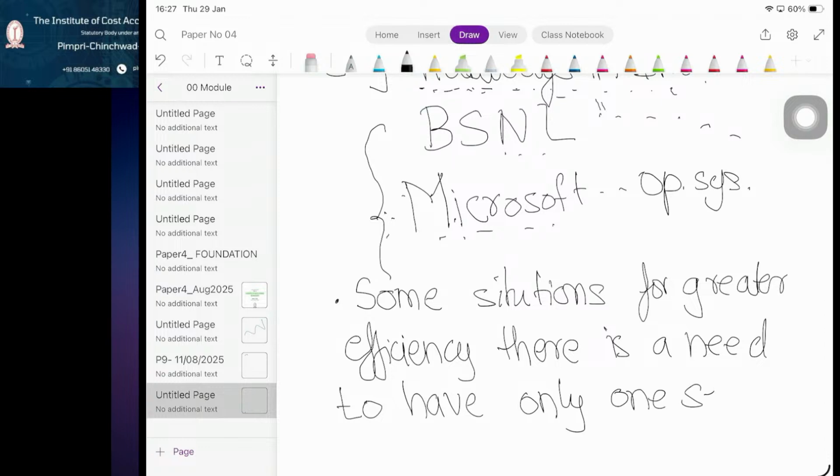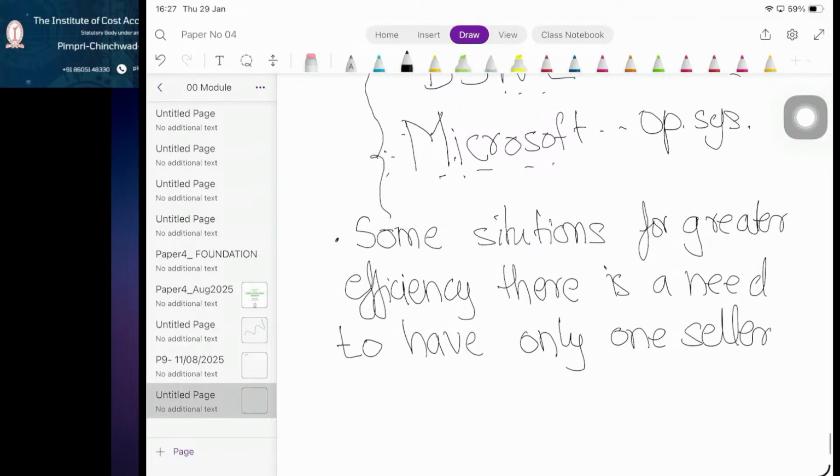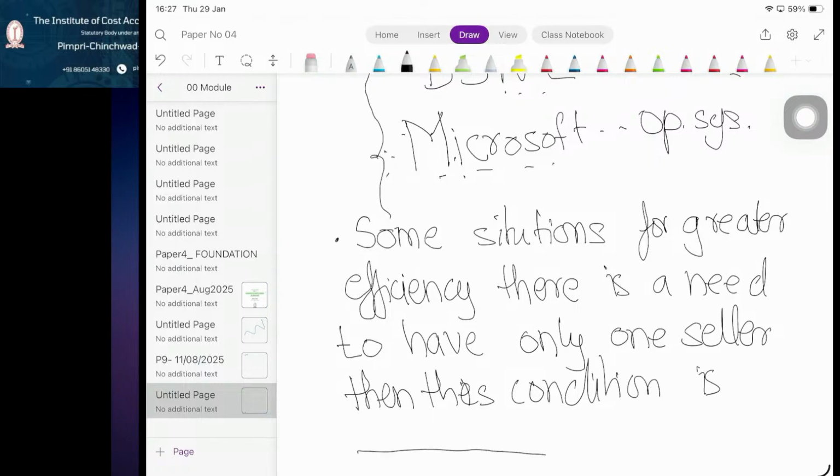Okay. Then this condition is called a natural monopoly.